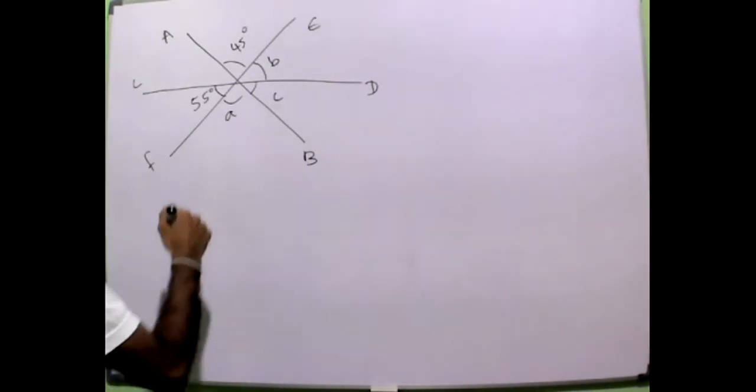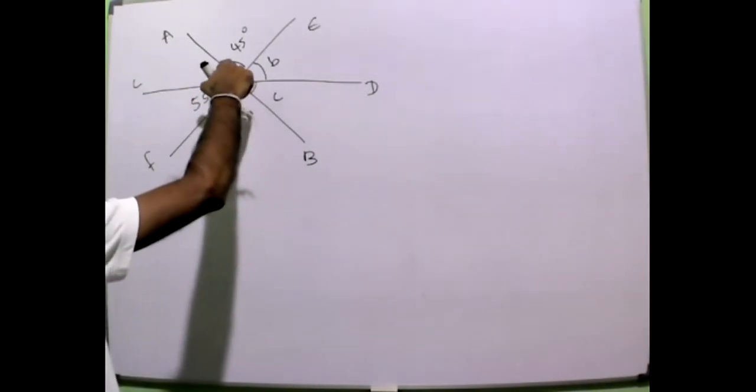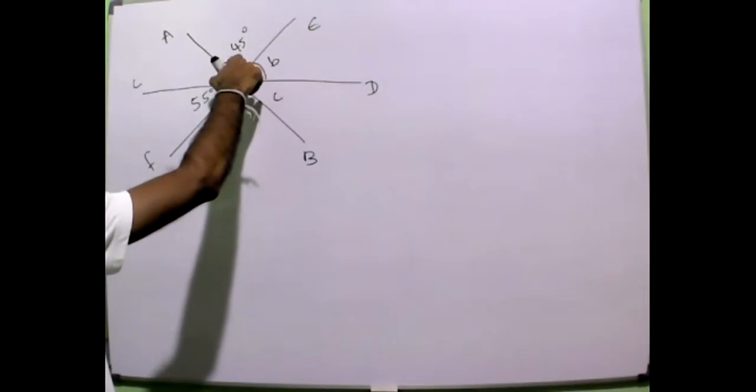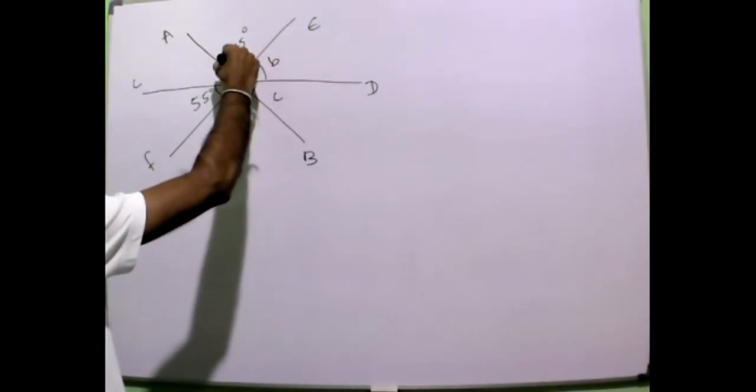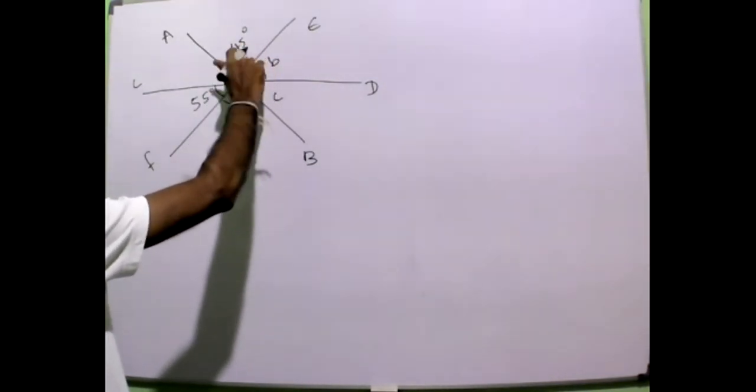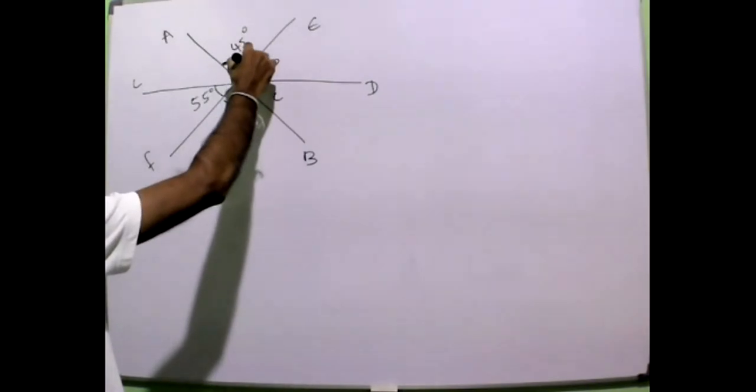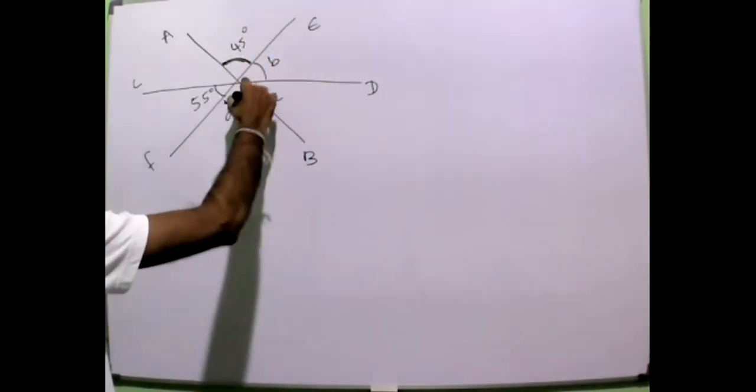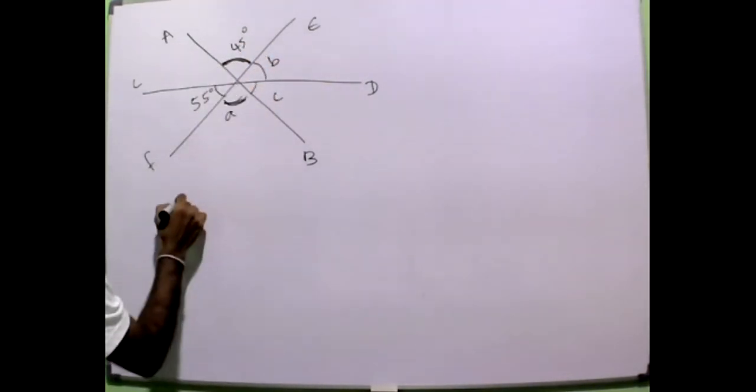I will first begin from 45. That means this angle. So what is the vertically opposite angle for this? It is A. So that means A equals 45.